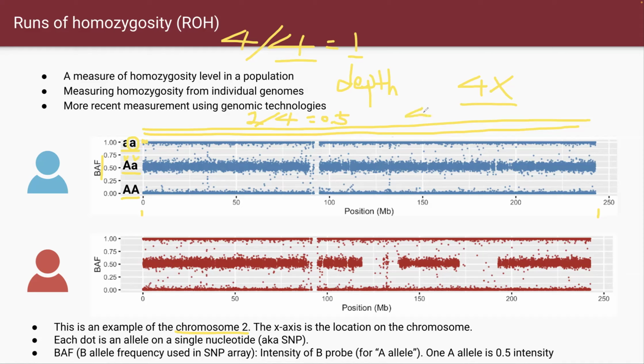And if you read 4 times and have 0 times small a, it means the other 4 only come from the large A. So that's going to be 0, okay? Using that information, you can infer whether it has the small a, is heterozygous, or has the large A, right?